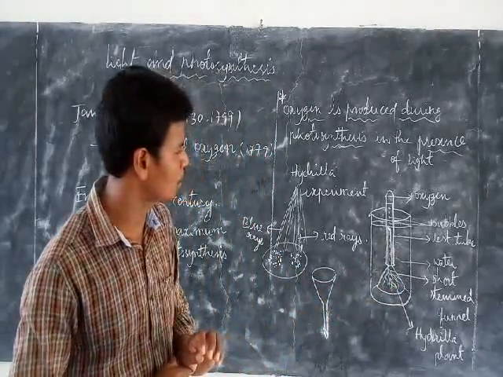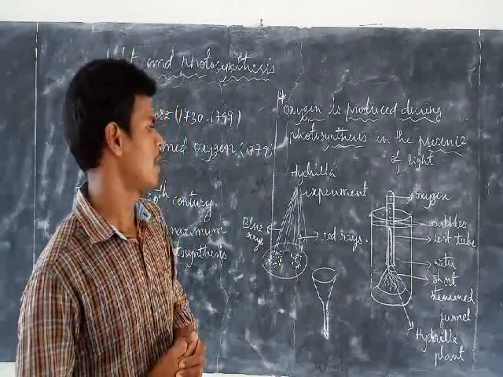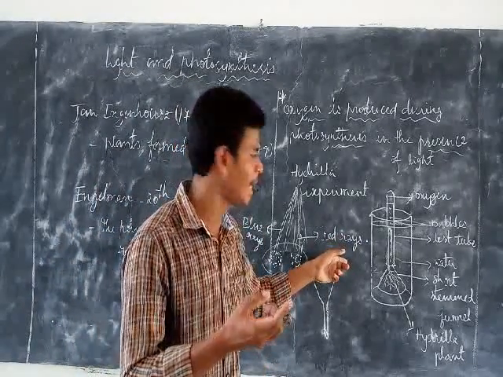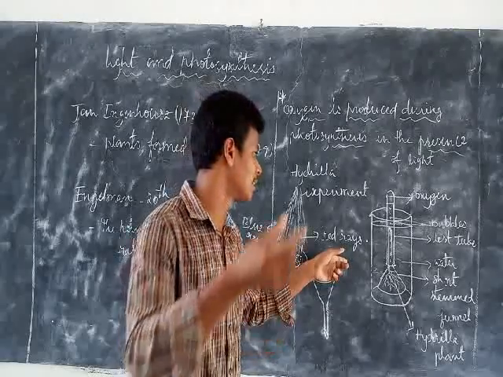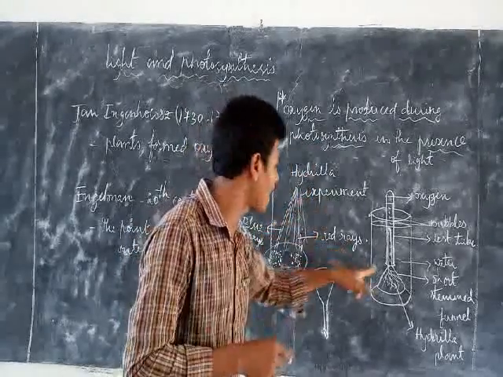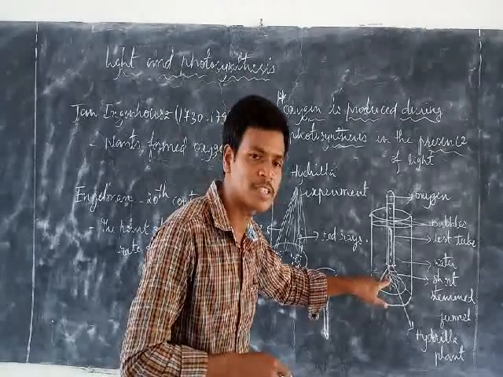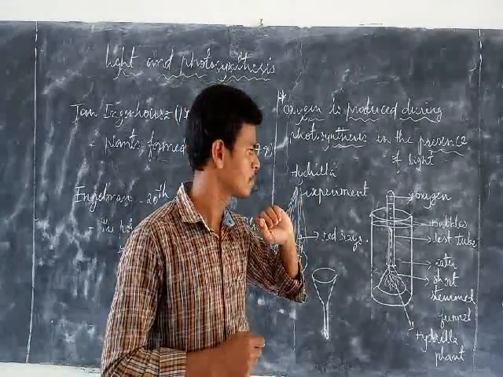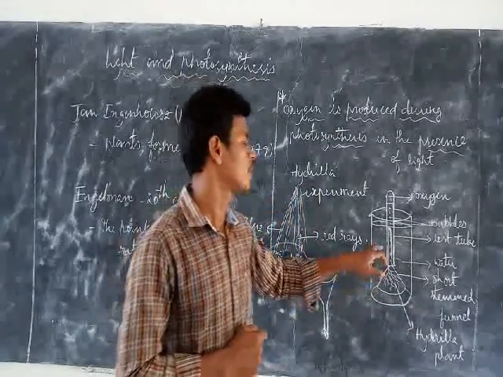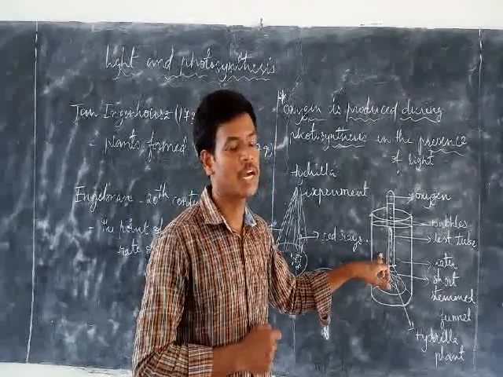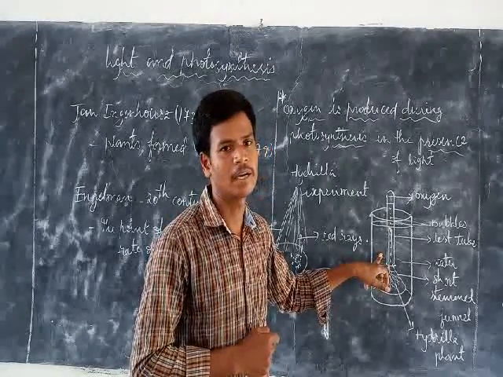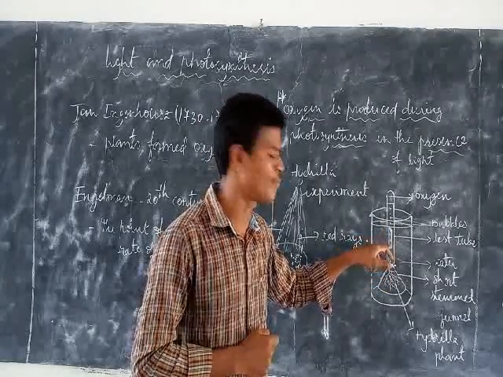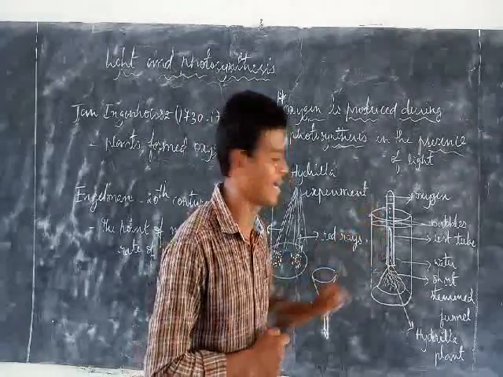Then after, what will you do? Then take a test tube full of water and insert that test tube over the mouth of the short stemmed funnel, like this. Then we take some water and ensure the level of water in that beaker is over the short stemmed funnel.